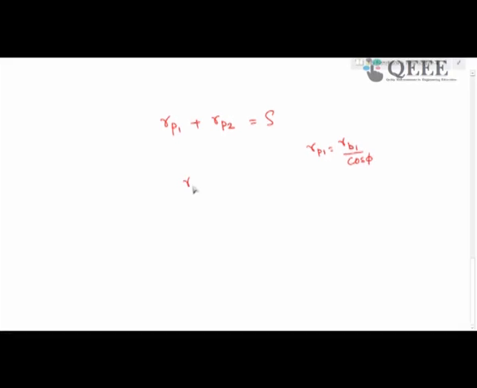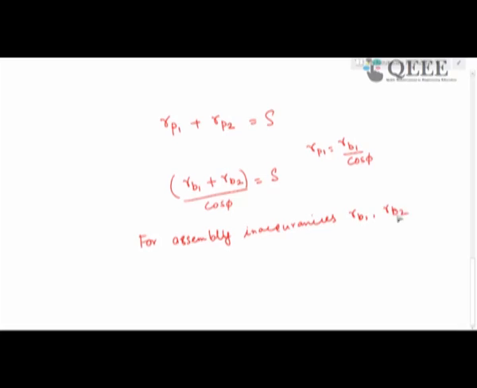So what we must have under all conditions is this: Rb1 plus Rb2 divided by cos phi should be equal to S. For assembly inaccuracies, Rb1 and Rb2 do not change, the base circle does not change.